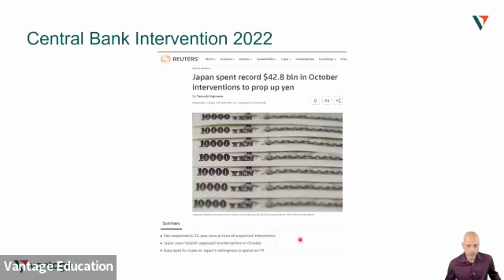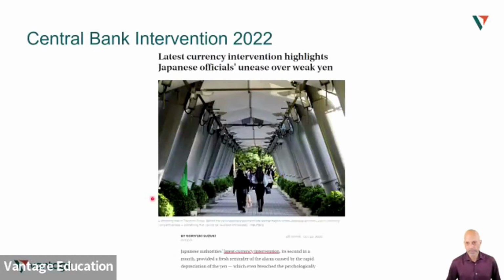But one thing is for sure, we will definitely see any suspected intervention measures being reflected in the price action of the charts. And typically in this case, this would be between the US dollar and Japanese yen, right? Otherwise known as the dollar yen.